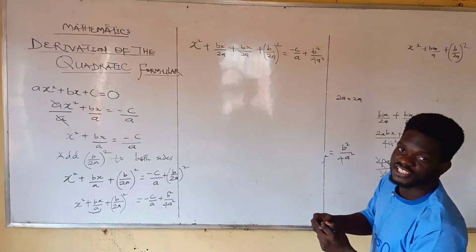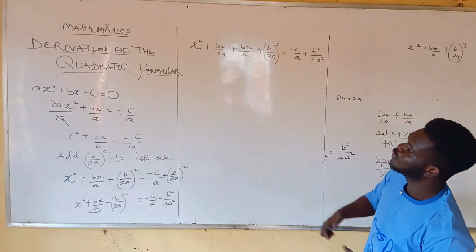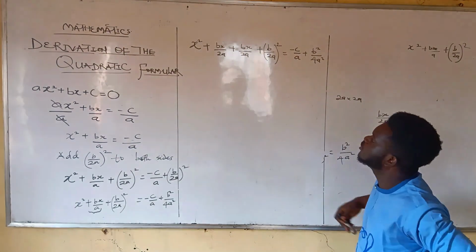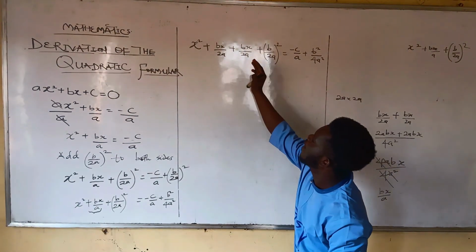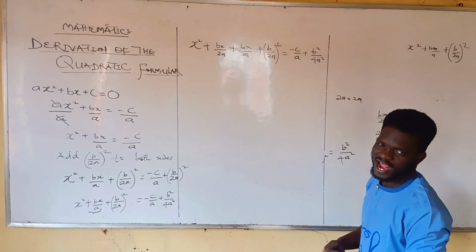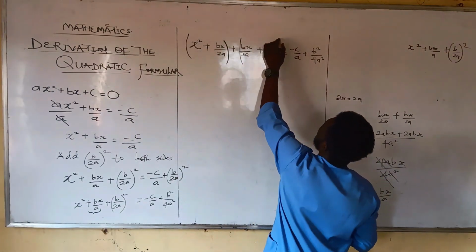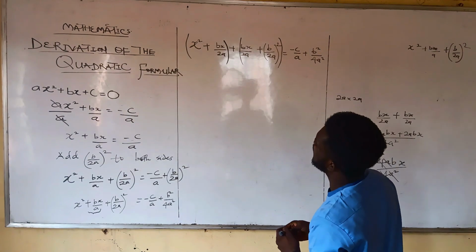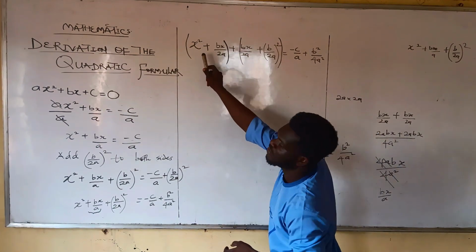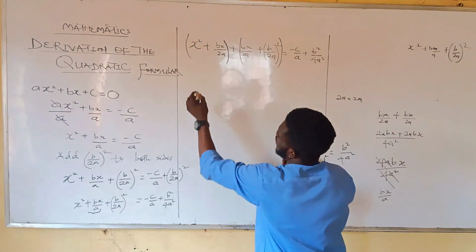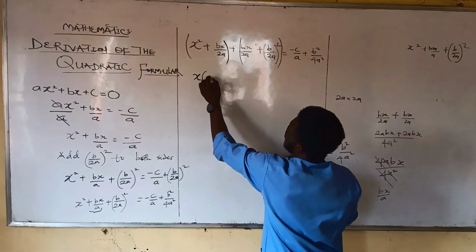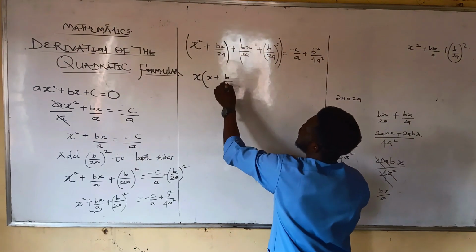Once you have been able to do this, the next thing you are going to do, very simple, is that we are going to break down these two and factorize. Break them in twos. Now, when you've done that, you see x is common here, so factorize x. When you factorize x out, you have x plus b over 2a.